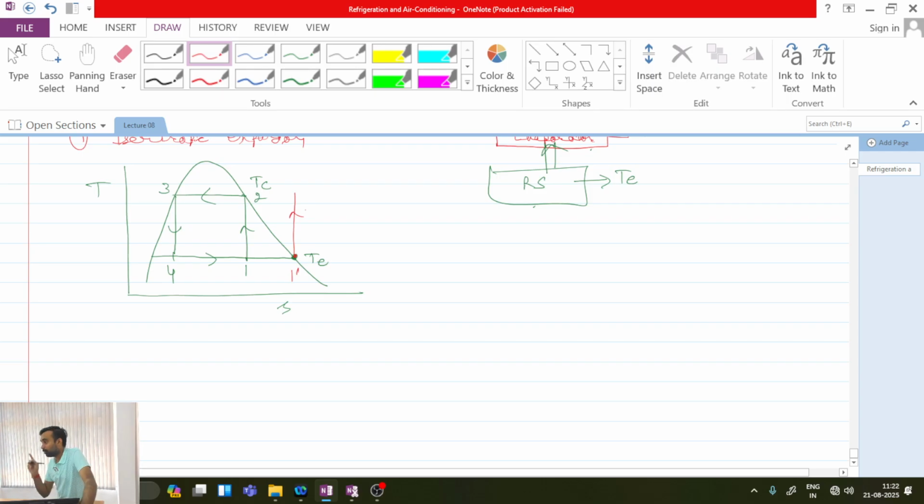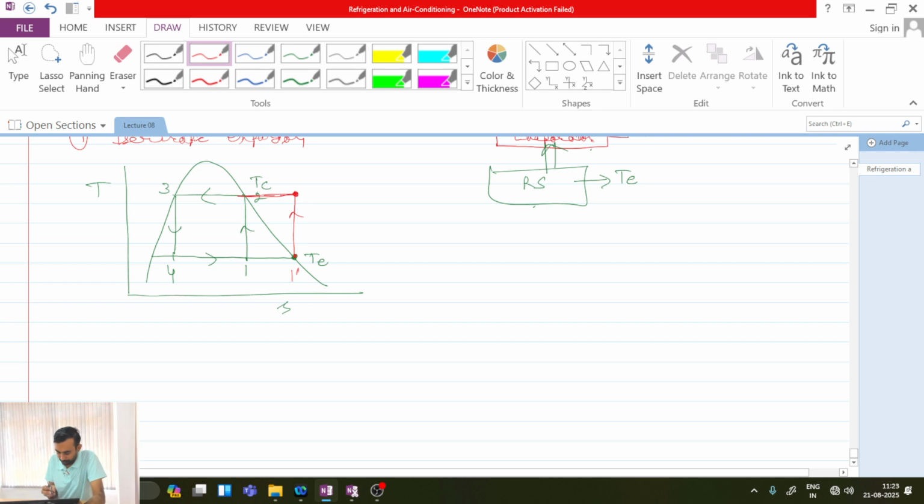If I have to follow the Carnot cycle, I need to do the heat addition and heat rejection processes also in an isothermal fashion. So to do this process in isothermal fashion, the heat rejection process should follow this line. Is this point clear?